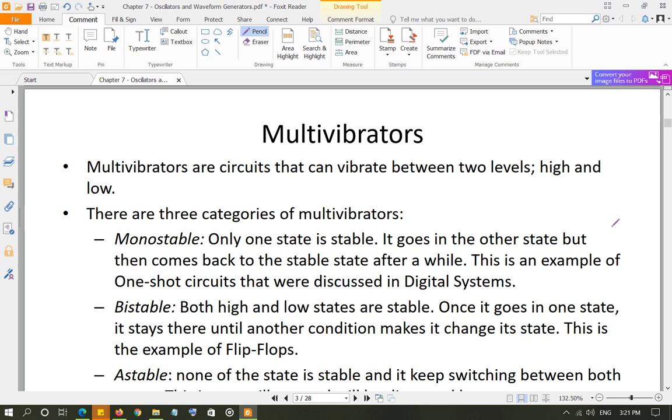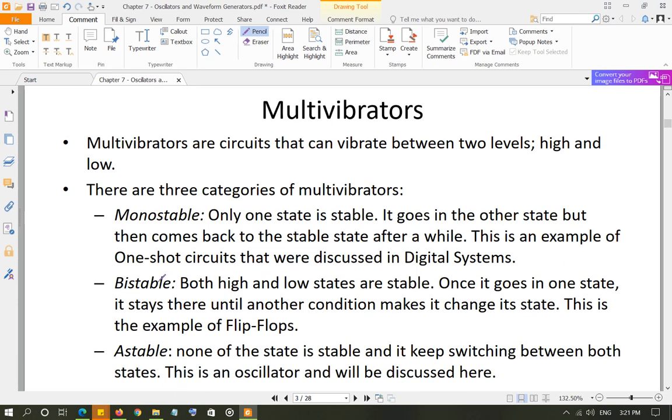When the clock changes its level, the output of a flip-flop can also change based on the other inputs of the flip-flop. So flip-flops are bistable multivibrators. That is, their output can be low or high, and both states are stable. They can stay in that state as long as the condition at the input does not change.